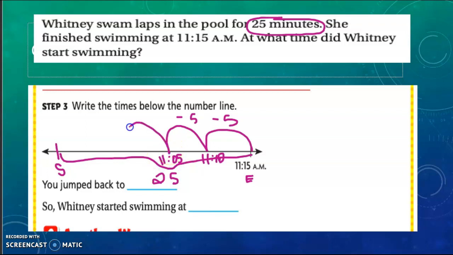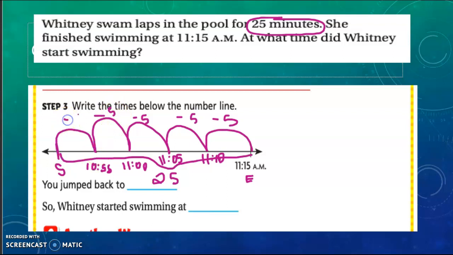If I come back another 5 minutes, my time will be 11 o'clock. If I come back another 5 minutes, my time is going to go to 10:55. So I count 5, 10, 15, 20. I have 20 minutes so far. I have to have a total of 25, so I need to do one more jump of 5.